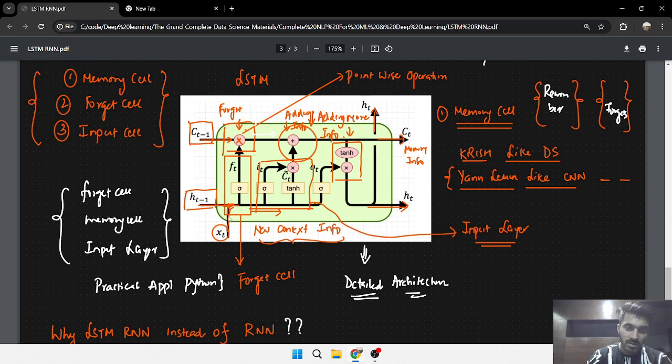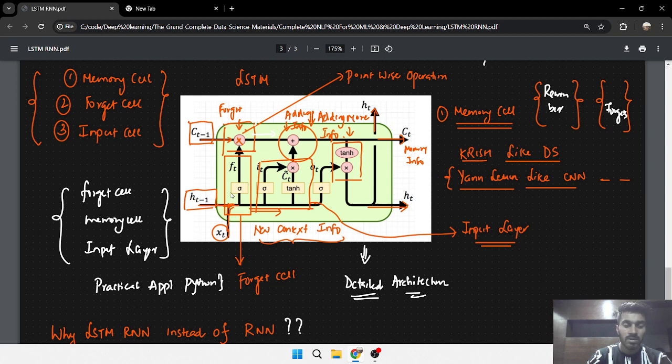Here you can see this operation is known as concatenation. Your short term memory cell output and your new input are concatenated and passed through this sigmoid function, and the sigmoid function gives you some output.